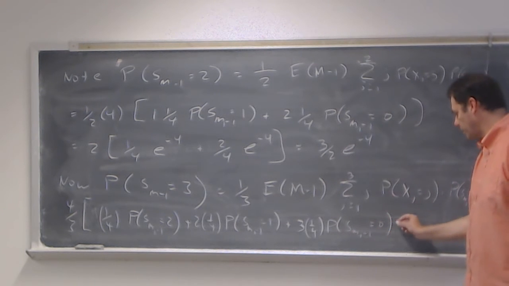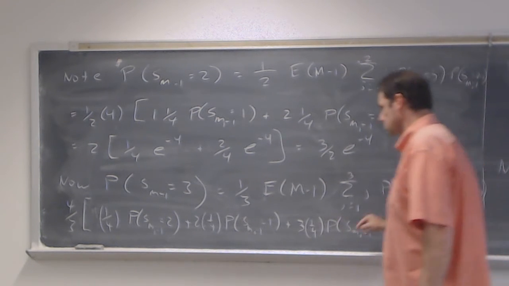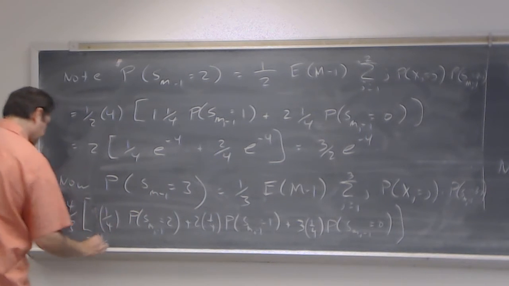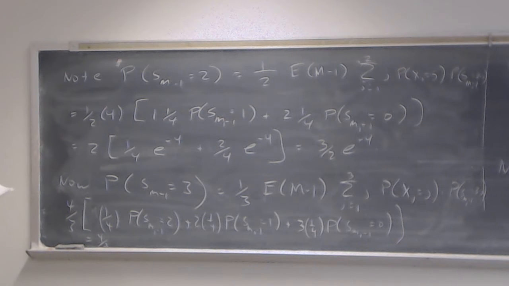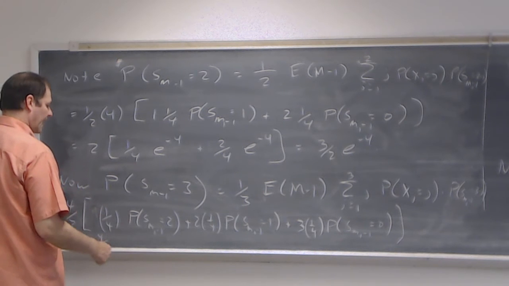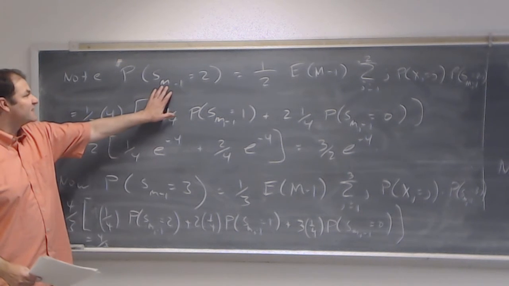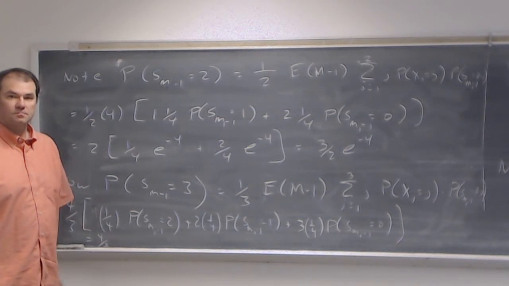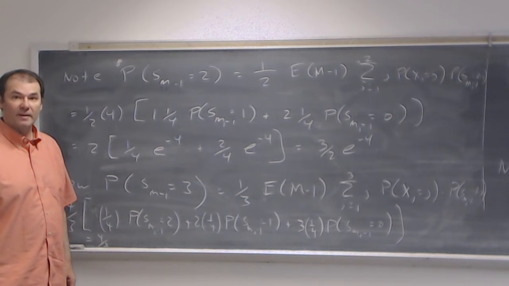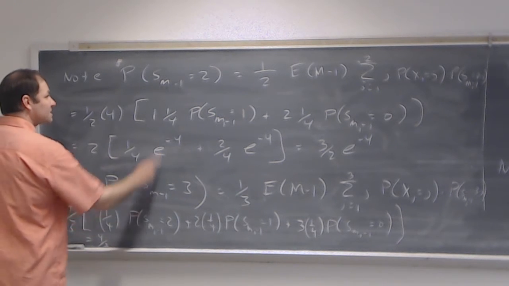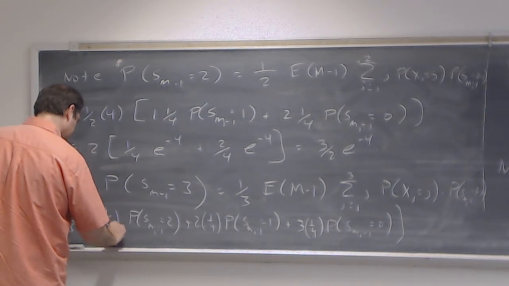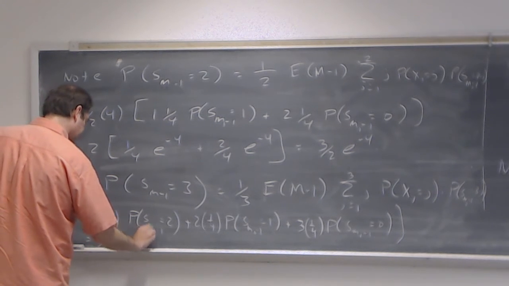We've already computed this part. Now, this part, M sub 1 minus 1, is identical to this one, because the M sub 1 minus 1 will be Poisson parameter 4. So it's exactly the same thing as what we had here, which we found to be 3/2 e to the minus 4.